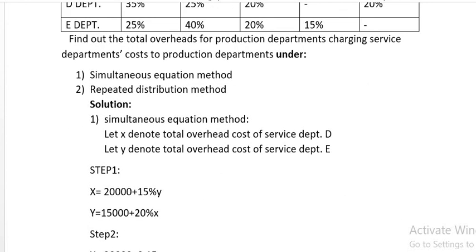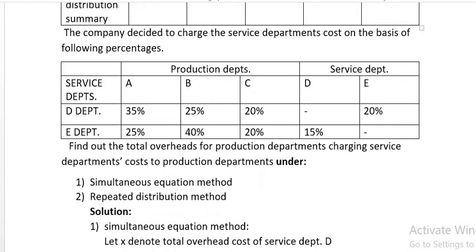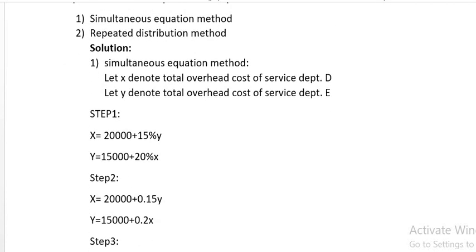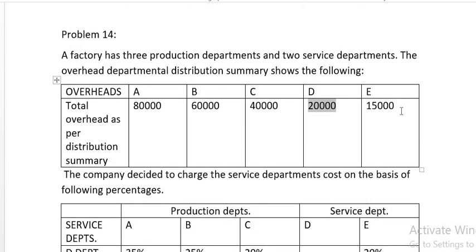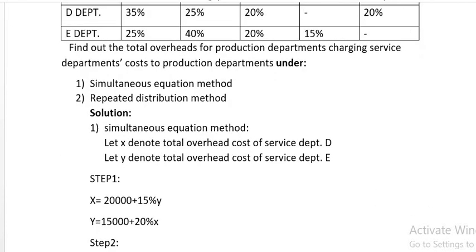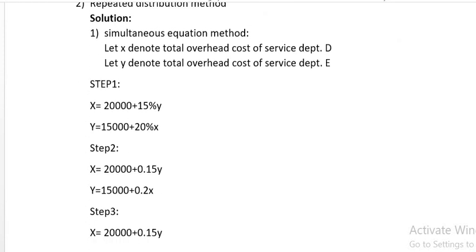So X is equal to 20,000 plus 15% of E. E means Y, so 15% of Y. Then for the second, Y is equal to 15,000 overhead cost, plus 20% of D. D means X. Is it clear? So this is the first step.